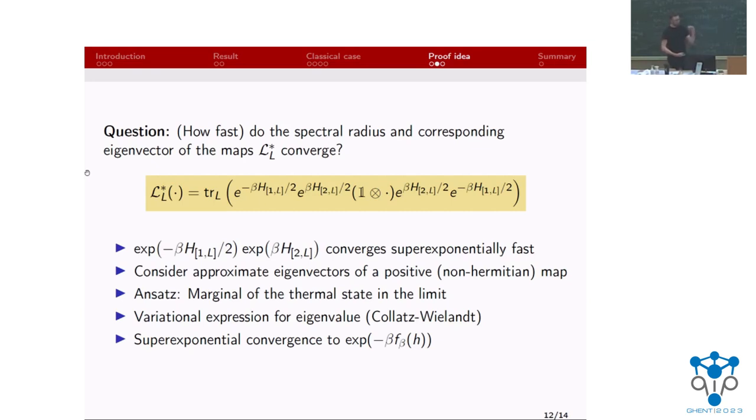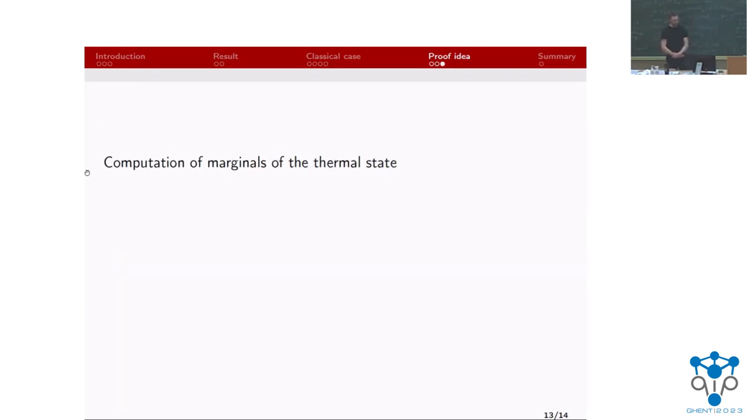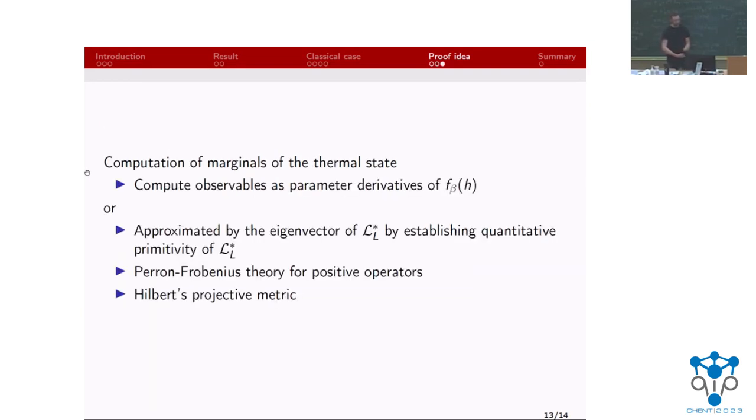And we need some lower bound on how small the smallest eigenvalue can be. That's also basically done with the techniques from this old paper from Araki, and some Perron-Frobenius theory for positive operators. Something like Hilbert's projective metric comes up here, but that's just some names if you want to look it up.